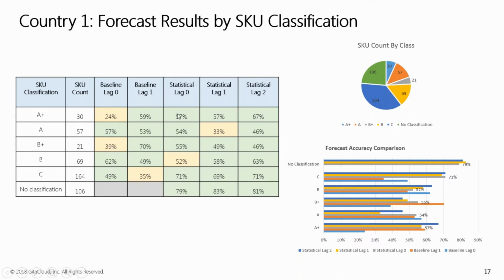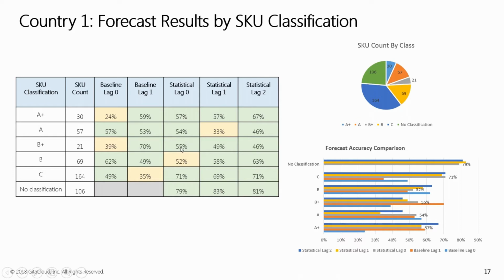As you could see, for A plus, we clearly performed each of the methods for different lags. Most of them outperformed the way Dabur was doing. And for A, I think we were comparable.